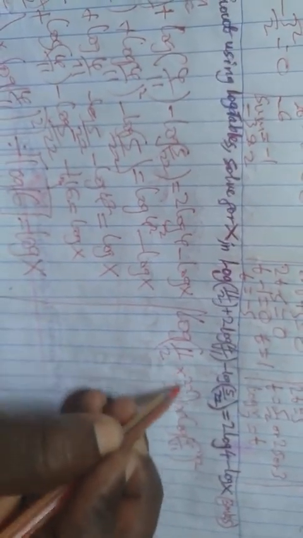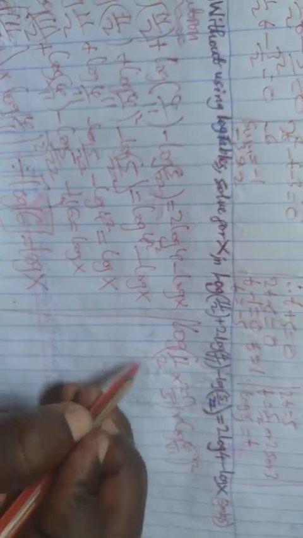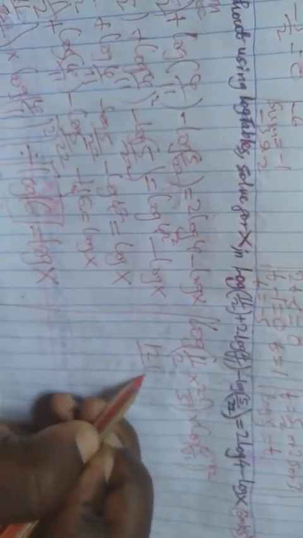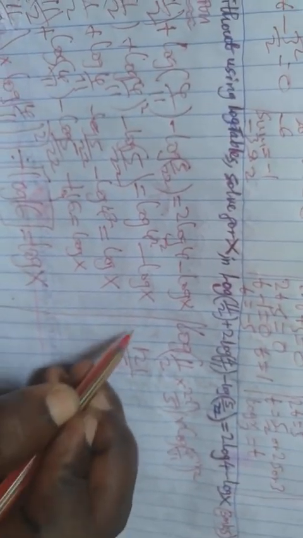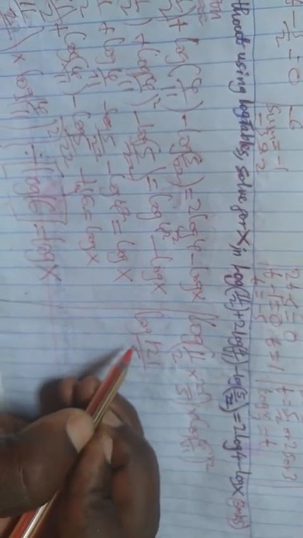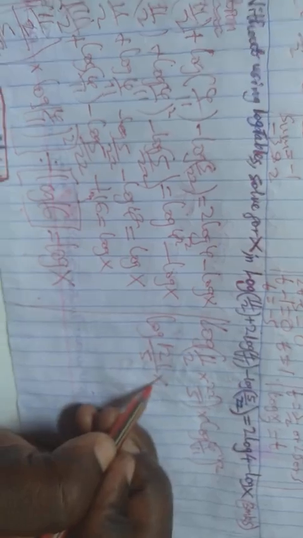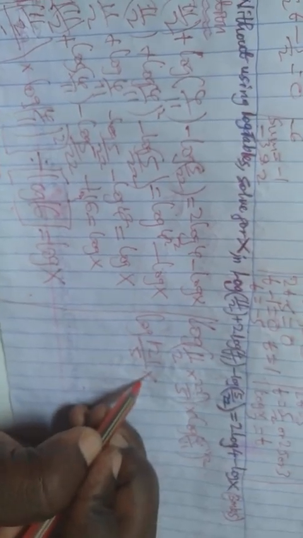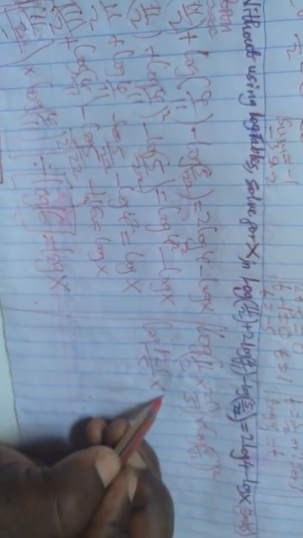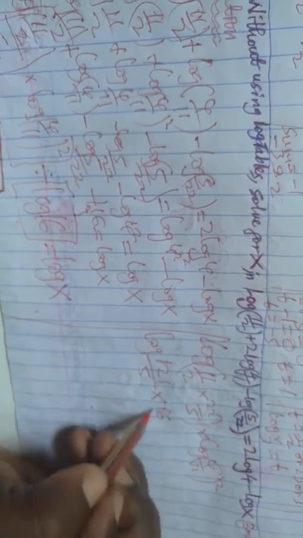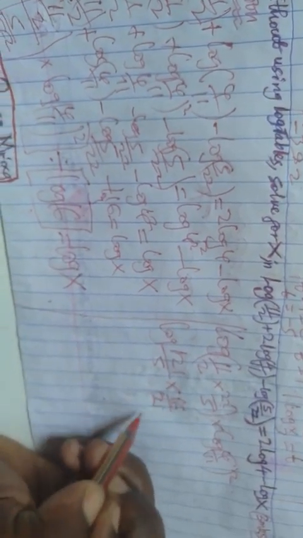If we multiply what is in the brackets, this will give us 121 over 5. Remember, this is under log, times 4 squared is 16 over 11 squared is 121.